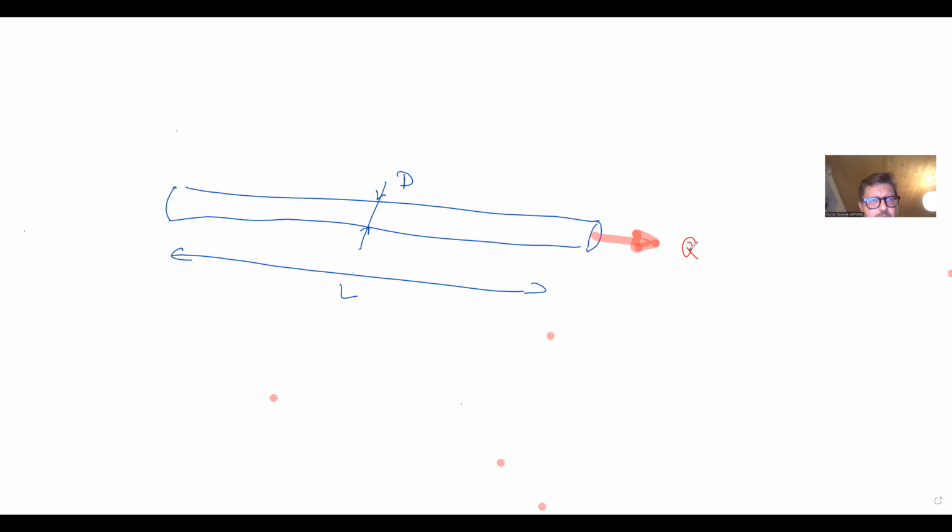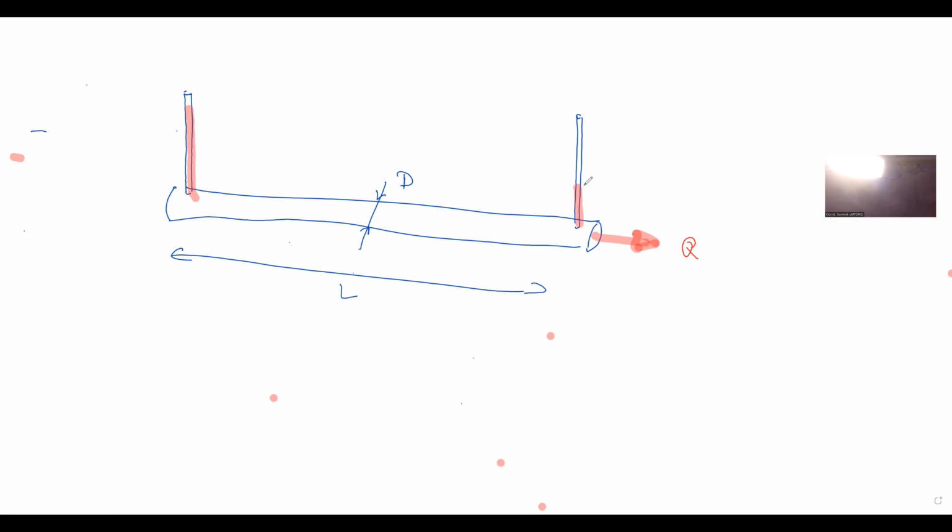And in order to get this flow Q, we need to have a pressure difference of delta P. Let me indicate this pressure difference by two blood columns that we have here at either end of the tube. The one here is filled rather high, and the one here is not filled that high.